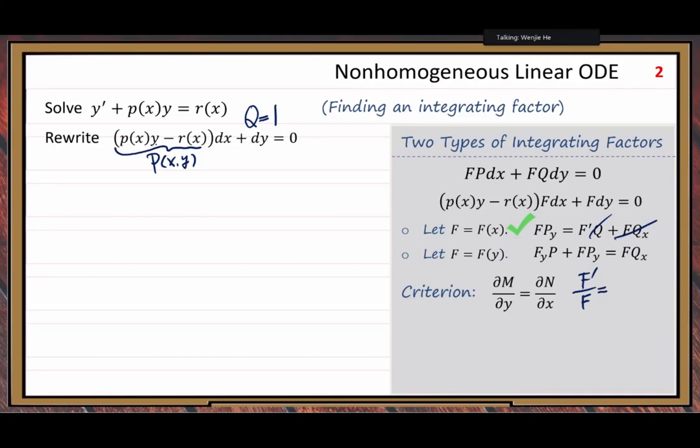This is a P function, P sub y, a little p function. So it is a function of x. So it works.